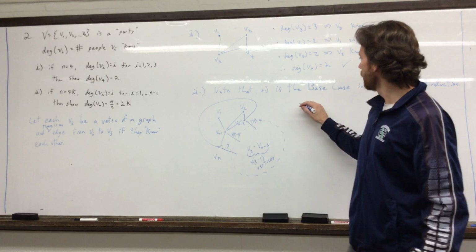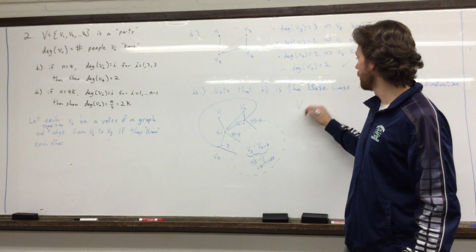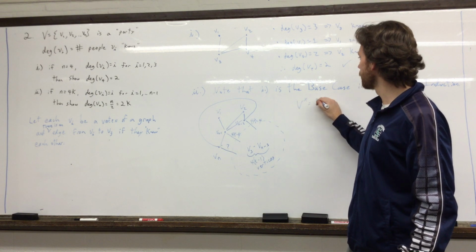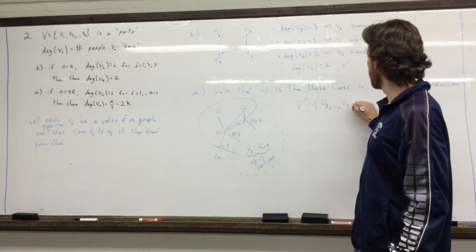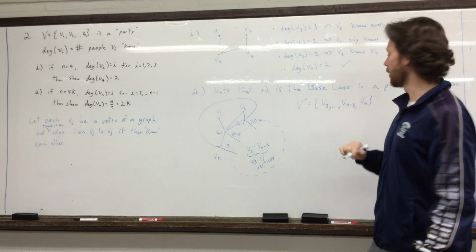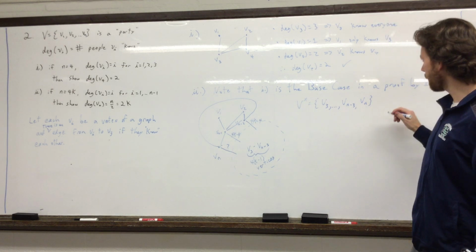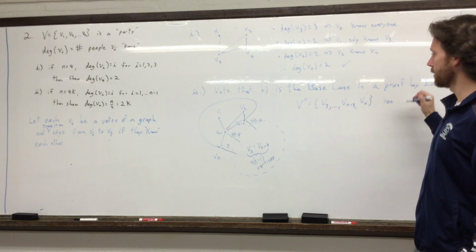We call the set V star equals V3 up to Vn-3, but also Vn.